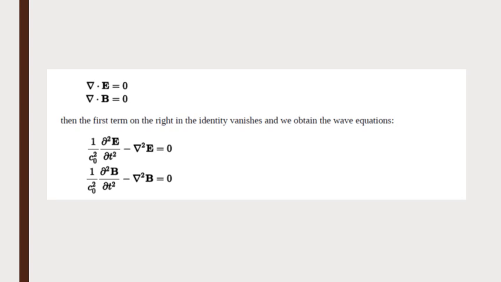So we have got these equations: 1 upon c0 square, because we have taken mu 0 epsilon 0 as 1 upon c0 square, del 2 E over del T2 minus del square E is equal to 0. Similarly, we can also write this equation in terms of B: 1 upon c0 square del 2 B over del T2 minus del square B is equal to 0.